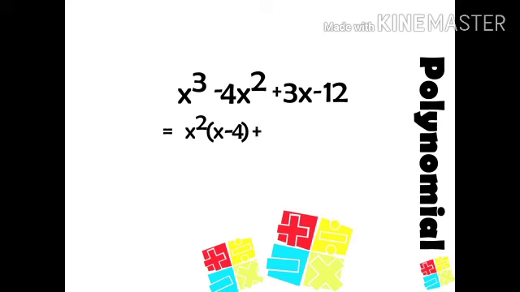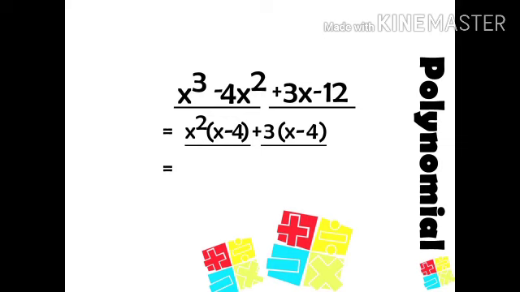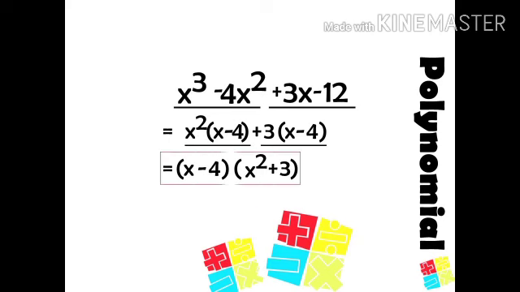Then for 3x minus 12, we have 3 times (x - 4). Therefore, we have (x - 4)(x squared plus 3). Since we have x minus 4 in both terms, we factor it out. And that's the final answer.